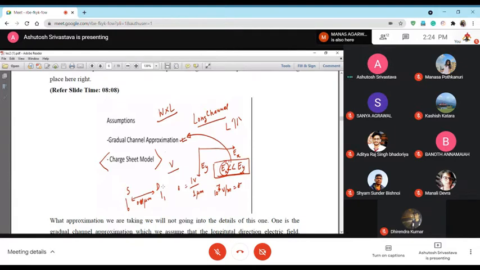It is squeezed down from 10 micrometers to 10 nanometers. So there has been continuous motivation to scale down the whole transistor, with the channel length or the gate length as a reference.